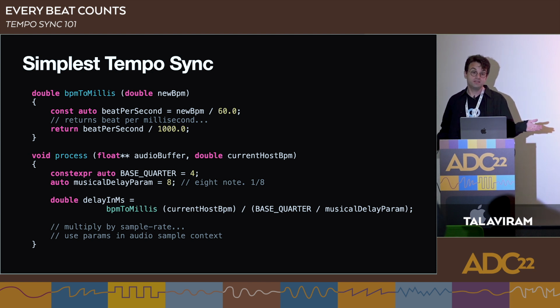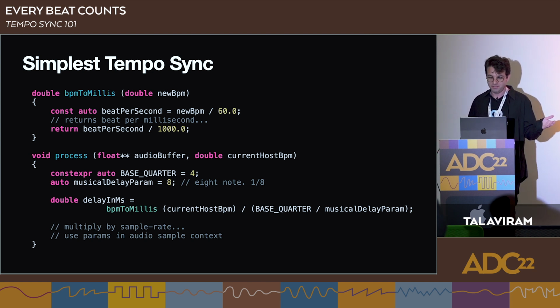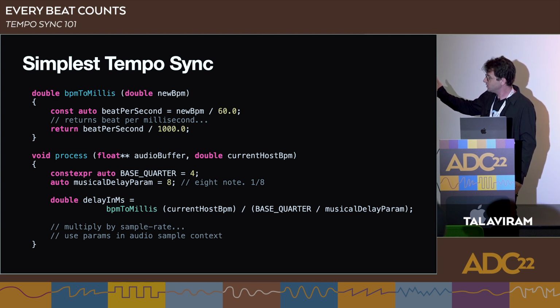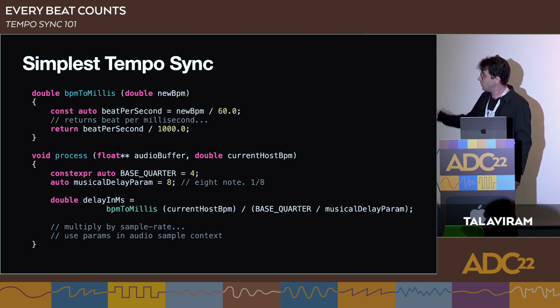So what's tempo sync? The simplest, naive tempo sync is that we've got an audio process that gets blocks of buffers, and we've got some musical value, let's say an 8th note or a 4th note, which can be dotted, whatever. And then we've got the delay in milliseconds.